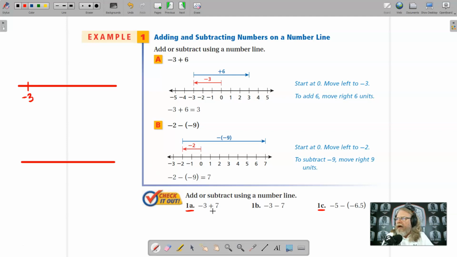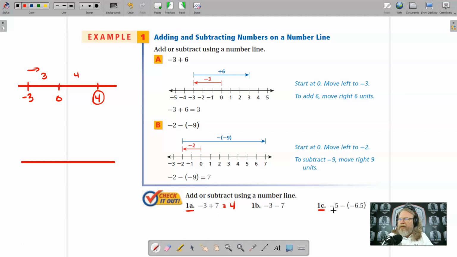And we are adding a positive number, so we're going to go to the right on this number line. We're going to go 7 spaces. Well, 3 of those spaces are going to take us to 0, right? So that's going to leave us with another 4 places that we have to go to get over here to +4. So on this one here, this would equal +4. -3 plus 7 is +4.